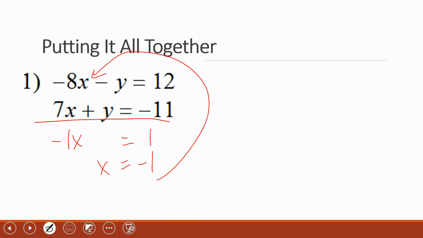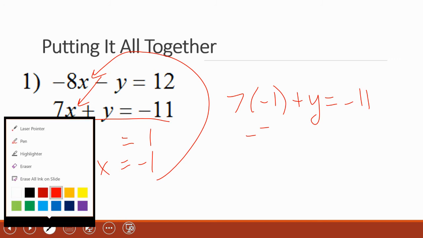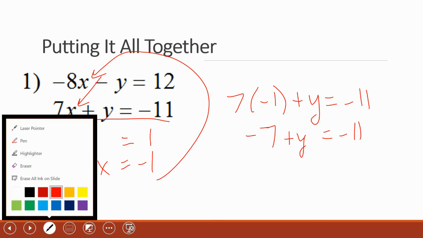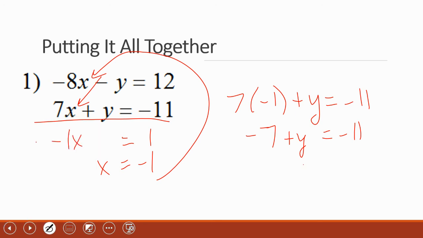I'm going to plug that in for, let's do the second equation. 7 times -1 plus y equals -11. Y equals -4.